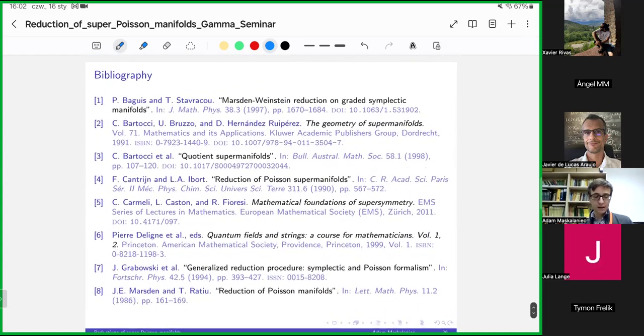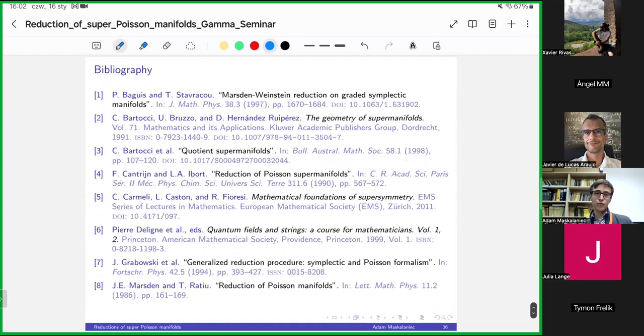So at the end of my talk, I would like to show you the articles that are very useful in learning this topic. At first, I would like to advise you to see this article on generalized reduction procedure, because it not only can be applied to the supermanifold case, but also to other settings, also algebraic geometry settings and non-commutative geometry in the sense of Alain Connes.